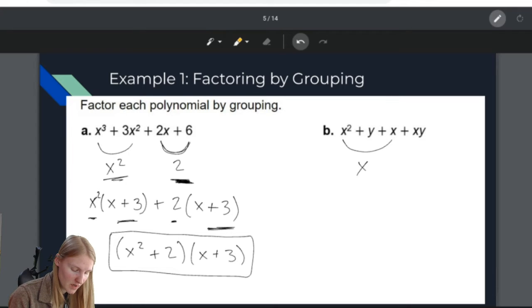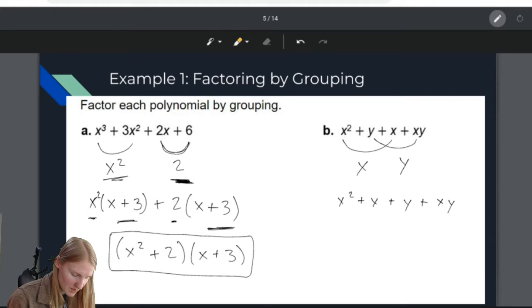That's good. And now if I look at these two, look at that. They have a y in common. This one also has an x, but both of them have a y. So that's good. Alright, so let me take these. I'm going to rewrite this: x squared plus x plus y plus xy.